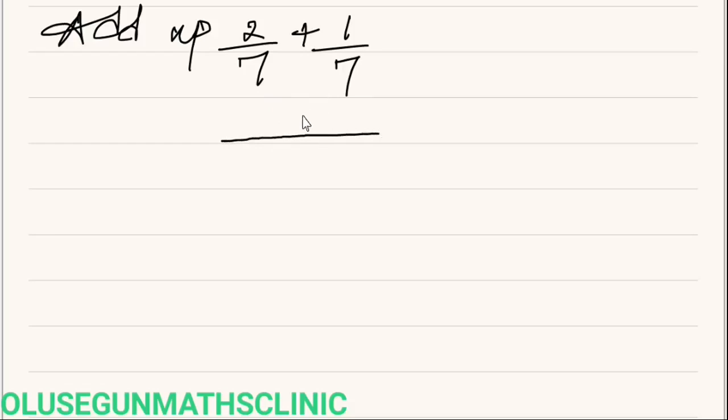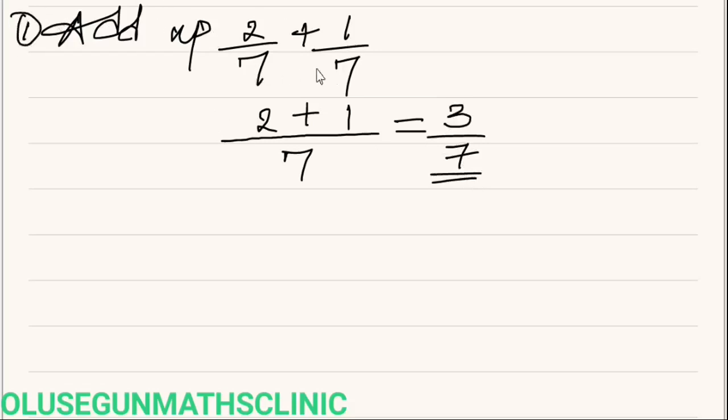So since they have the same denominator, we write 7. 7 in 7 is 1, 1 times 2, we have 2, plus 7 in 7 is 1, 1 times 1, it will give us 1. So therefore, giving us 3/7. So that is the first example: adding this up will give us 3/7.